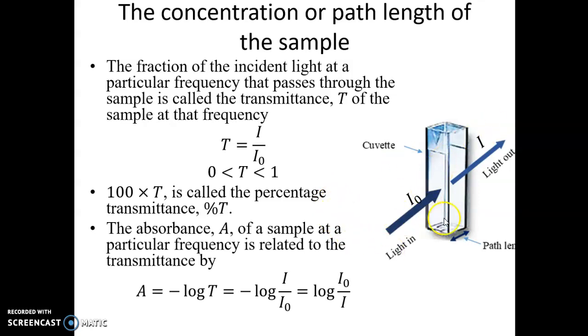The amount of light absorbed is related to the transmittance T by a logarithmic equation. So A, that's the amount of light absorbed by the sample, is equal to minus log of the transmittance, where the transmittance is the fraction of the incident light that passes through the sample.